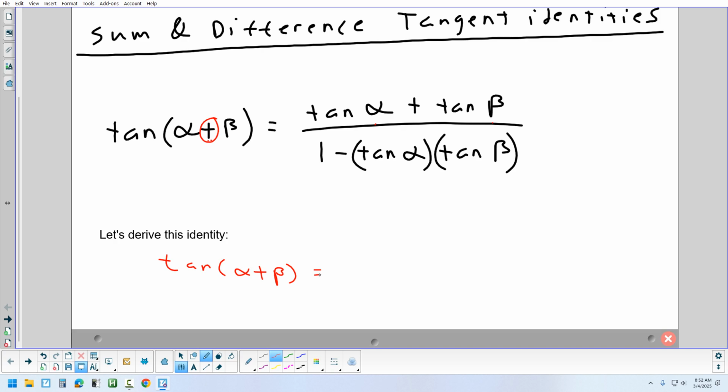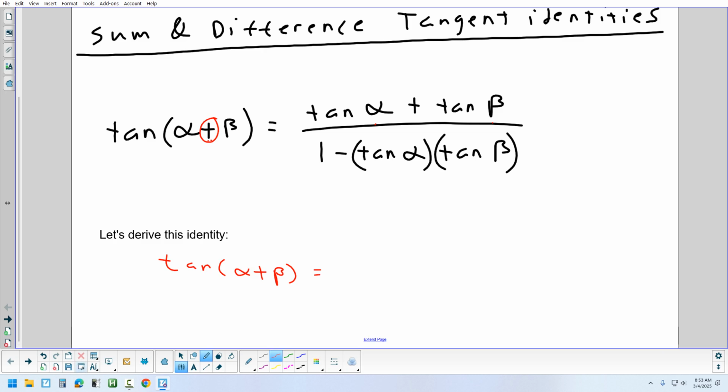And thinking about what we know about tangent, what's another way that you can write tangent using an identity from 7.4? Yep. Sine over cosine. And we already know all the sine and cosine identities. So we should be able to figure this out.